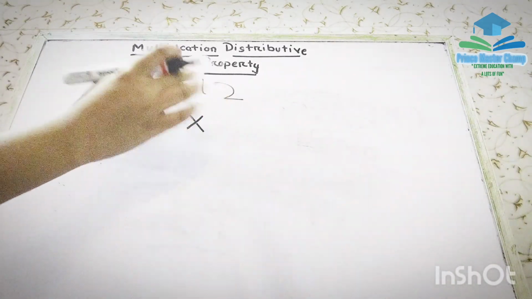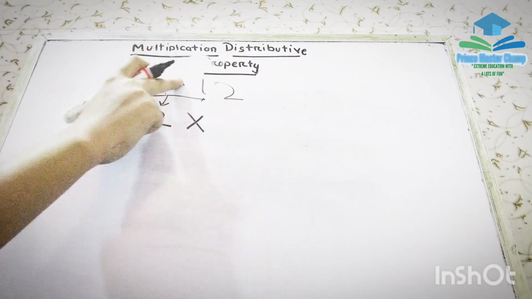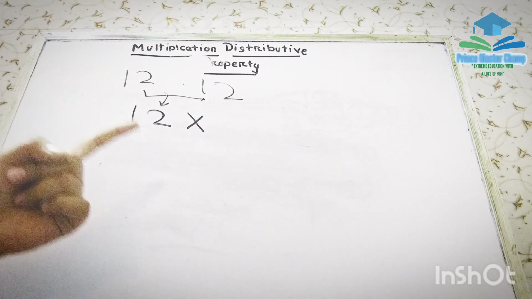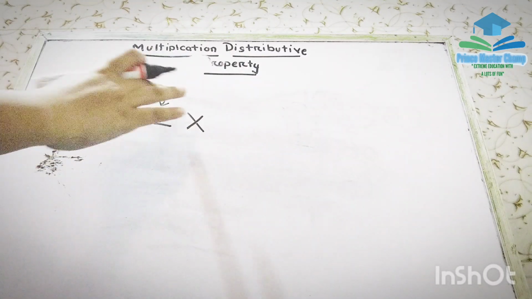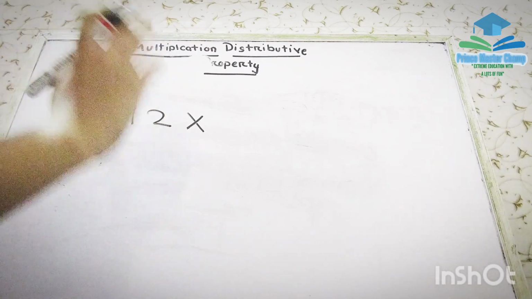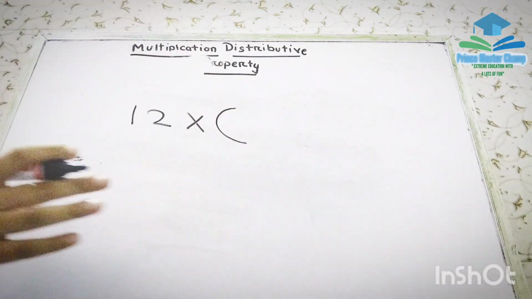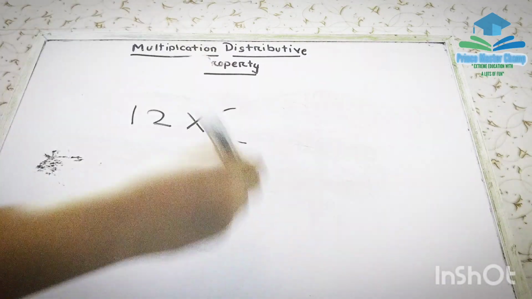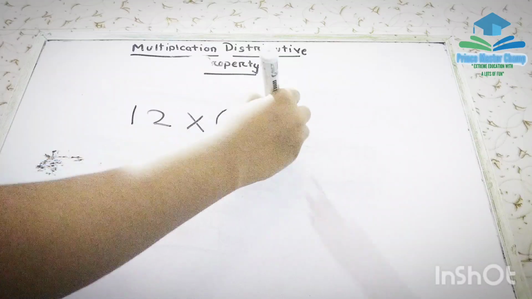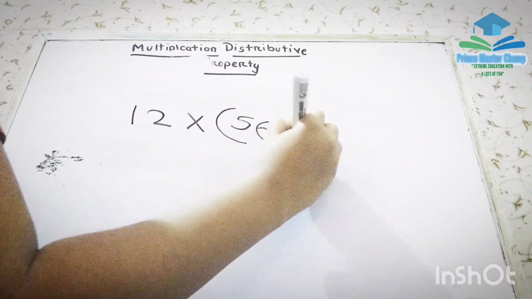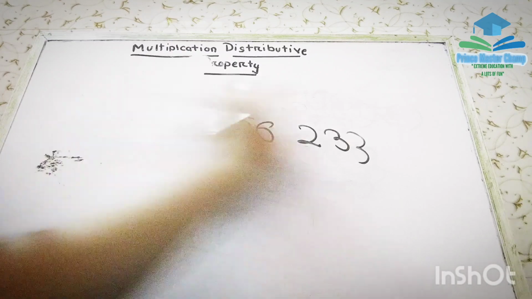So now we are combining these two 12s to make a single 12. After doing that step, we need to multiply 12 in bracket with the rest of the numbers we have. Which were the rest of the numbers? 506, 56,233. This was one of the numbers. Okay, now let me just write.